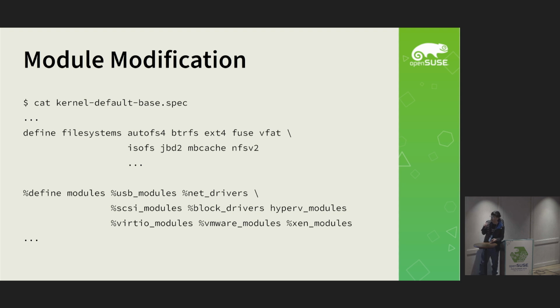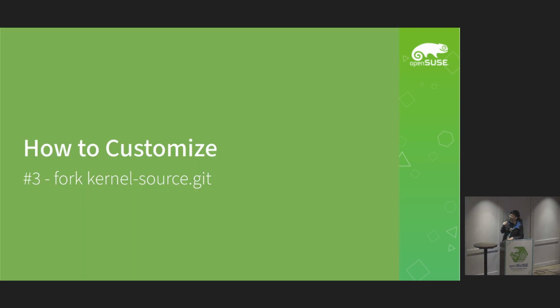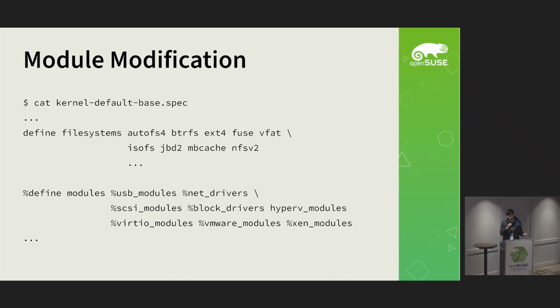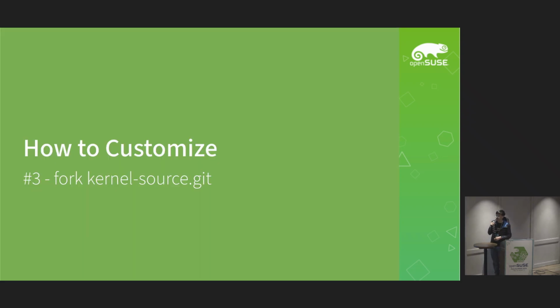The most important part, I would say, is just to make sure that the modules RPM macro has the kernel module that you want to use. Other than that, other things are more just helpers. So the modules one is the one to look out for. And that's all actually for that method. It's quite easy. The third method is the one I said is the method used by the SUSE kernel team.